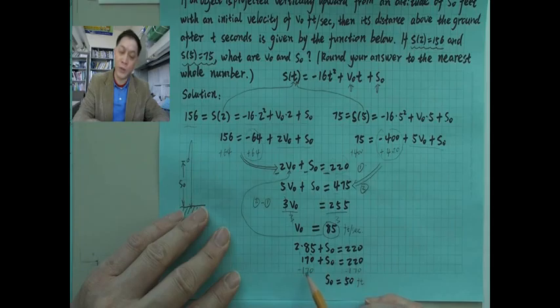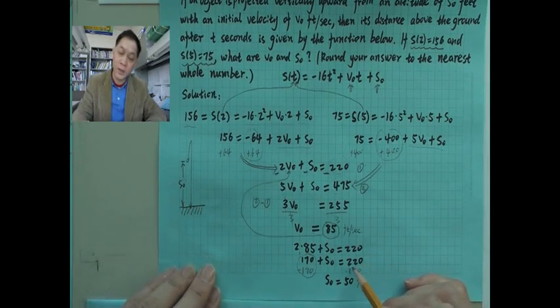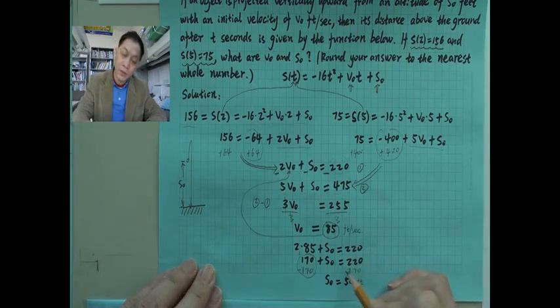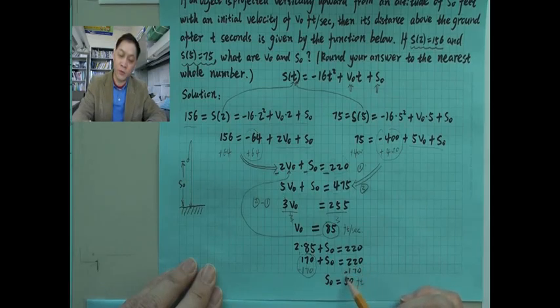Then minus 170 on both sides, they cancel each other, and the left hand side has s sub 0. So 220 minus 170 is 50.